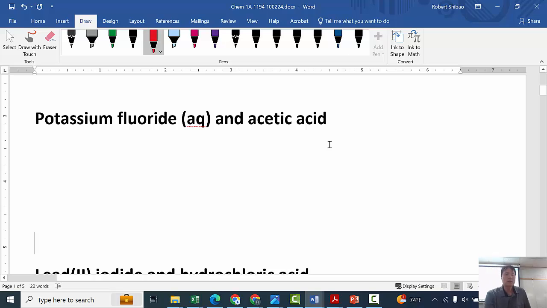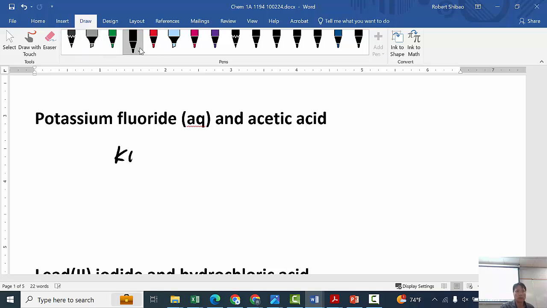The second reaction, potassium fluoride and acetic acid. I write acetic acid like this for double replacement reactions.